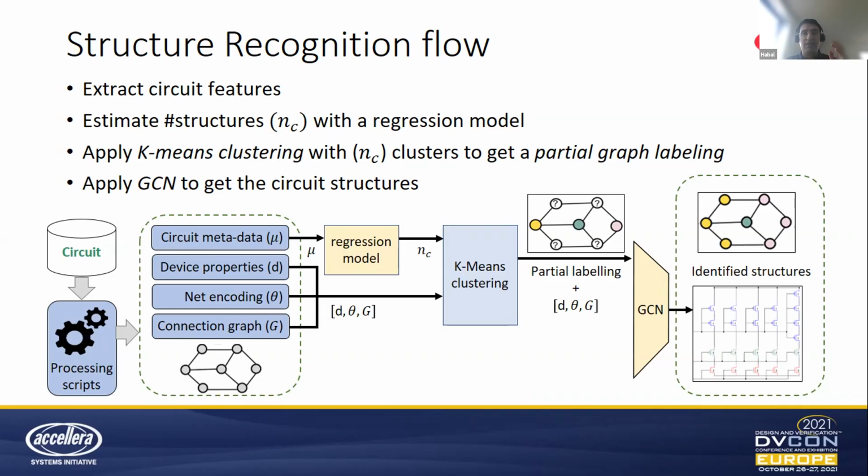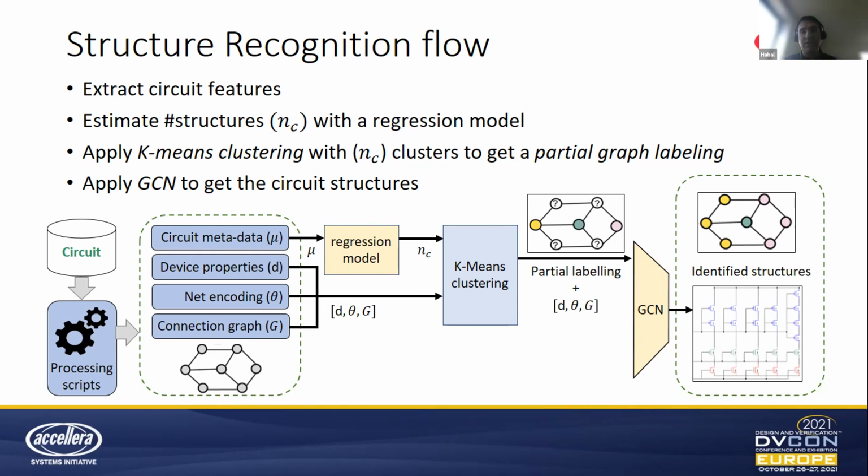We take the device closest to each cluster center or centroid from the k-means clustering. We keep its label, and we discard all the other labels. So if in this example we have 3 clusters, we take 3 devices and keep their labels. And we take this information with the rest of the features, its device properties, etc., and pass it to a GCN.